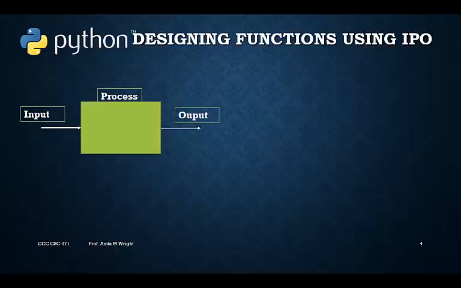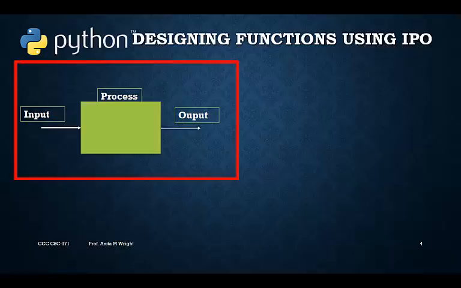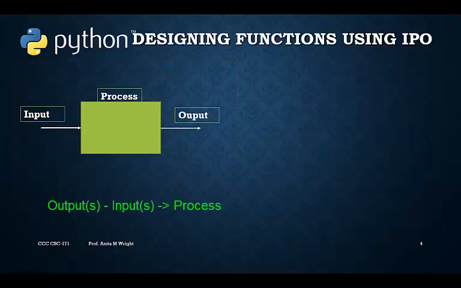Although the black boxes in our slides are green boxes. Recall our IPO strategy. First, consider what this part of the program needs to produce as output. Then consider what the inputs to the Python function will be, and apply our abstraction to determine the necessary process steps that will become our coded instructions.